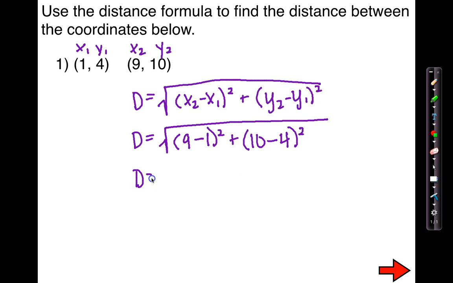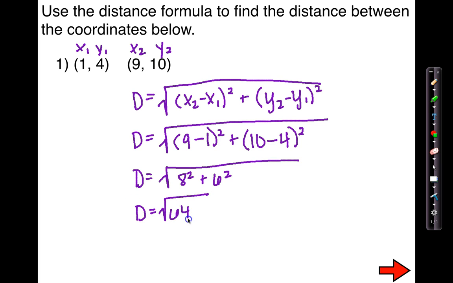Now I'm just going to continue to simplify. 9 minus 1 is 8. So now we have 8 squared plus 10 minus 4 is 6, and then I'm going to square that. Notice I had to simplify within the parentheses first before I square the numbers. So now I should have the square root of 64 plus 36, which leaves me with d equals the square root of 100.